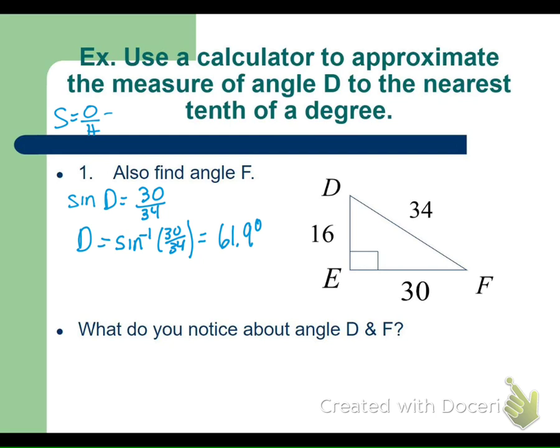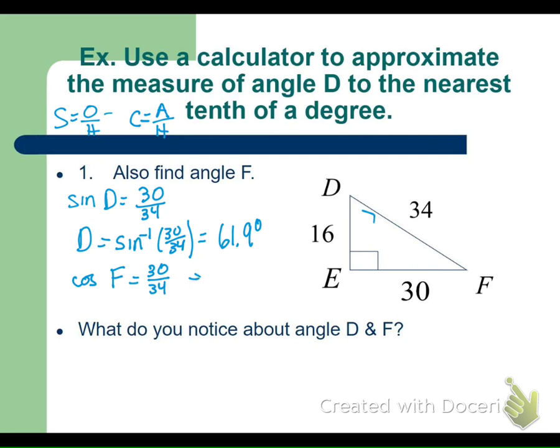Then we want to find angle F. That's the second part of this question. To find F, again, we have any option because we have all the sides. Since we used sine, let's try cosine. So cosine of F is "Came A-Hopping," adjacent over hypotenuse. What is adjacent to angle F? 30. What's the hypotenuse? 34.